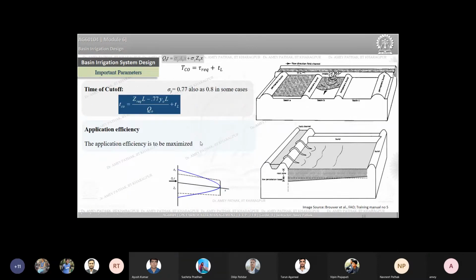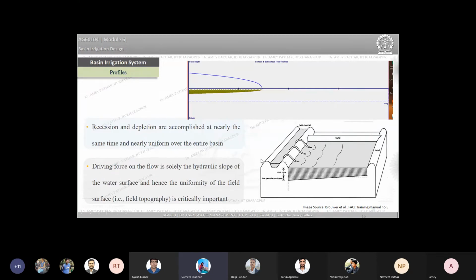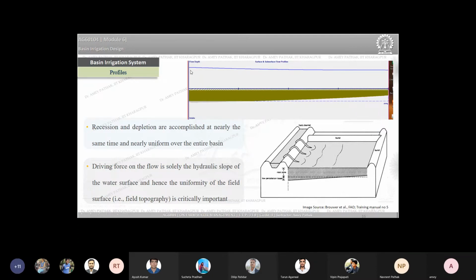Fourth assumption, yes. Sir, in the second assumption, you wrote water surface assumed to be horizontal orientation. Sir, horizontal orientation means what? So this is what you see, right? Right now there is no cutoff. You can see when there is no cutoff, it is not horizontal. Now I'm just telling you, now there is a cutoff.